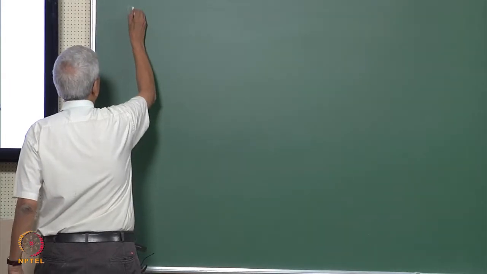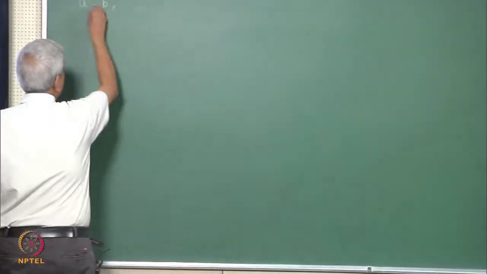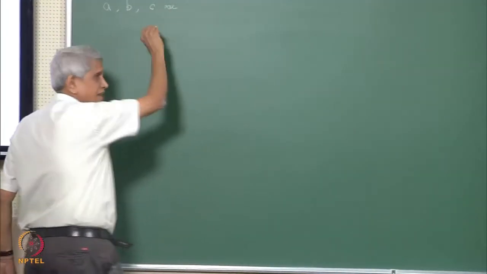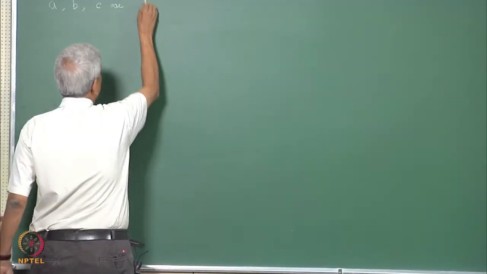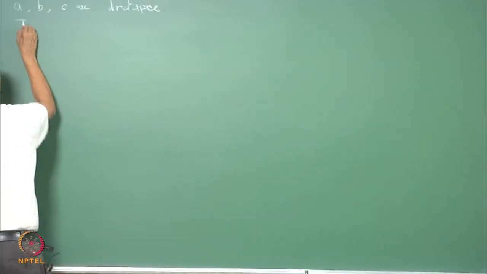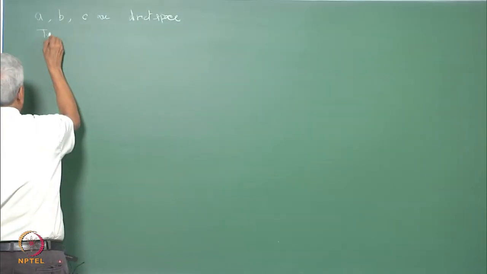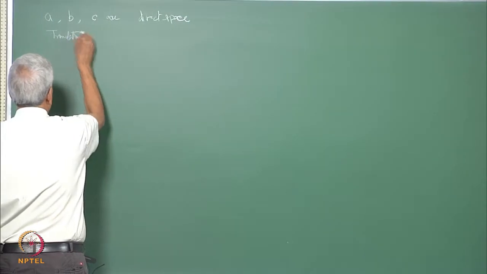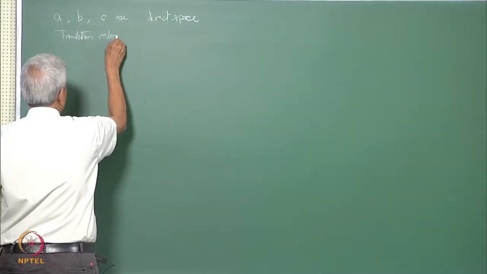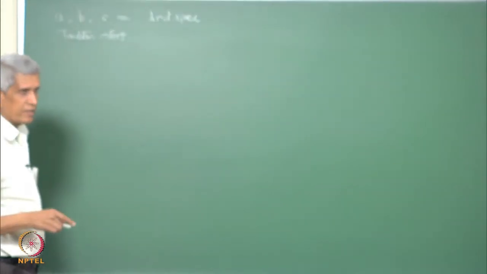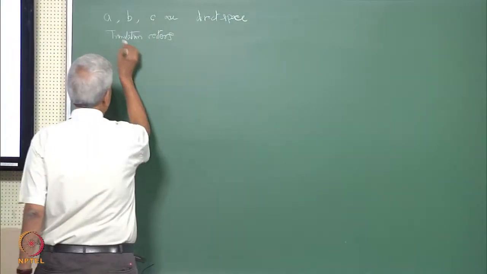If a, b, c are translation vectors in what I will call direct space, this is all constructed with respect to a primitive lattice, correct? The lattice is considered as a primitive lattice.